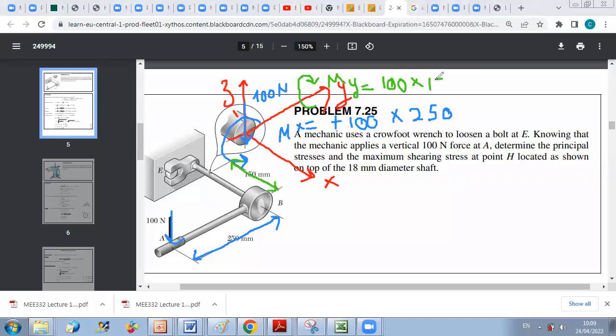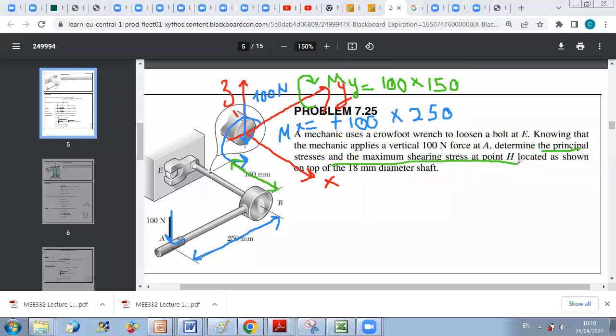Once we determine the internal forces and couples created by this force in the desired section, we can move to the determination of the principal stresses and maximum shear stress at H.